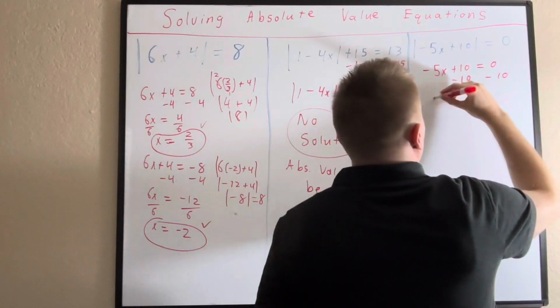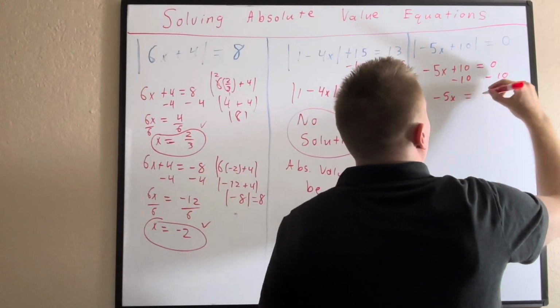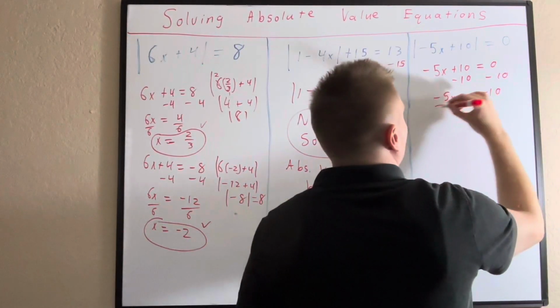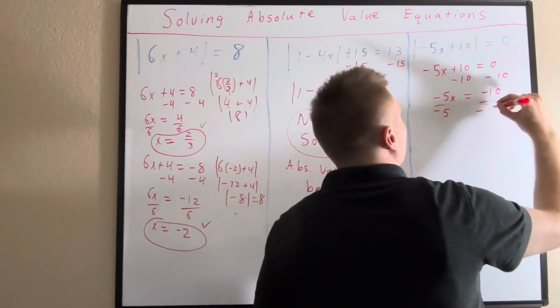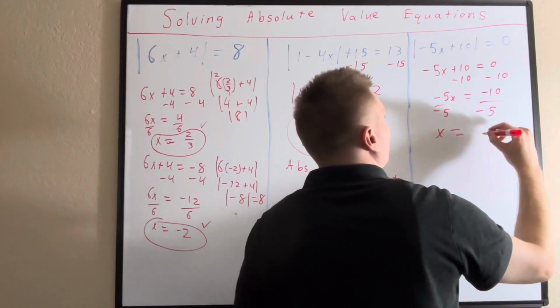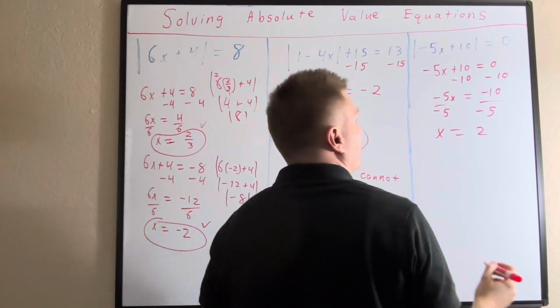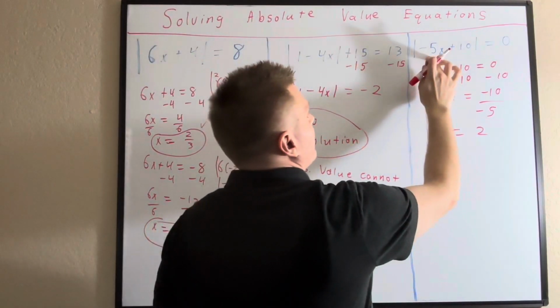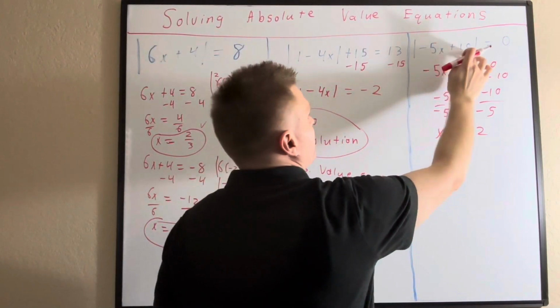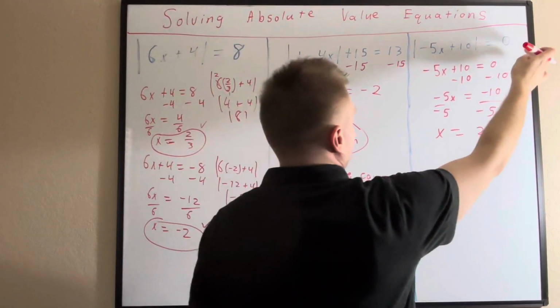Minus 10 both sides, negative 5x equals negative 10. Divide both sides by negative 5. And you're left with positive 2. Negative 5 times 2 is negative 10 plus 10 is 0. Absolute value of 0 is 0.